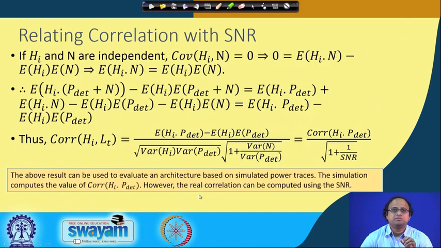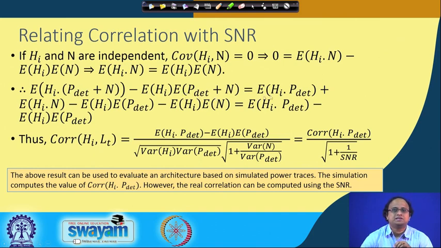What I mean is that if Hi and N are independent, that means if the noise is independent, then the covariance between Hi and N is 0, and therefore I can write E of Hi comma N as nothing but E of Hi into E of N. And therefore the numerator, as we saw previously, was E of Hi comma P deterministic plus noise minus E of Hi multiplied with E of P deterministic plus noise.